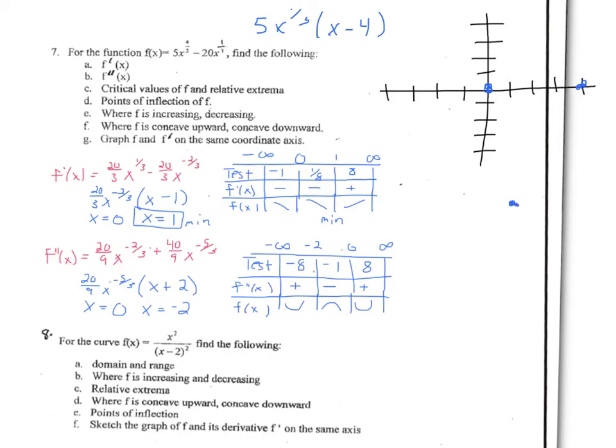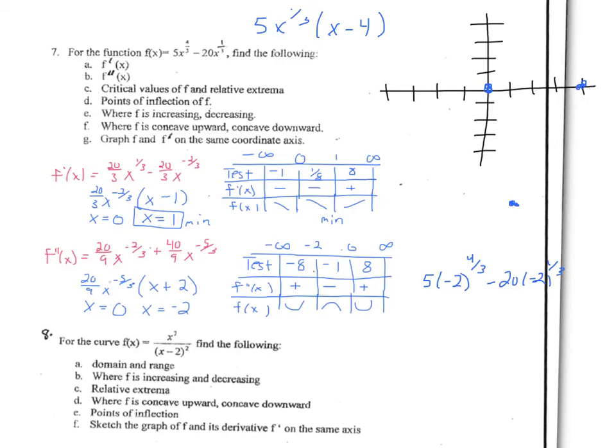And no maxes. And I'll have a POI at -2, so I'm going to plug a -2 in, see what I get. So 5 times -2 to the 4/3 minus 20 times negative 2 to the 1/3. And that is not very nice.